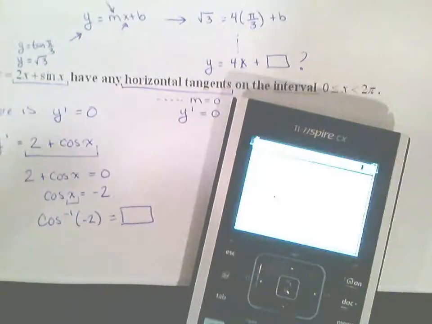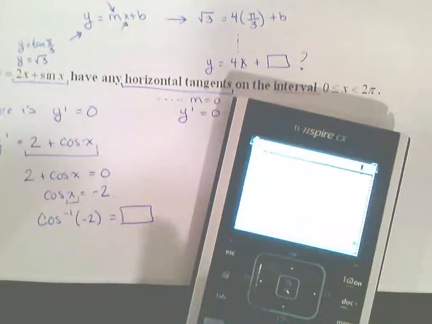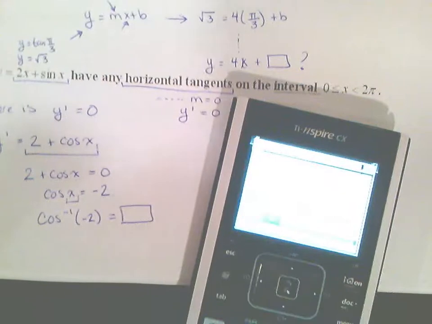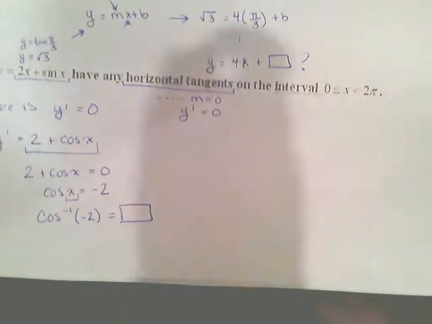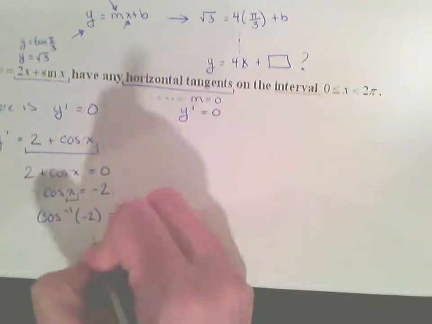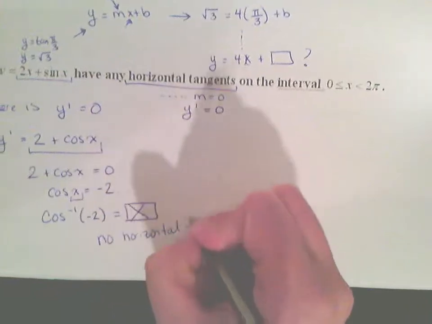So we're going to use the calculator. We're going to do the inverse cosine of negative 2, and you get a non-real calculation, which means, is there a horizontal tangent? No horizontal tangents.